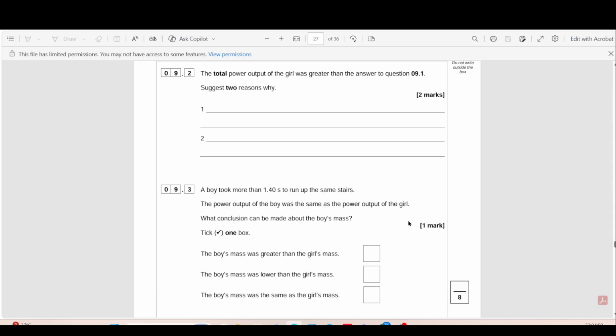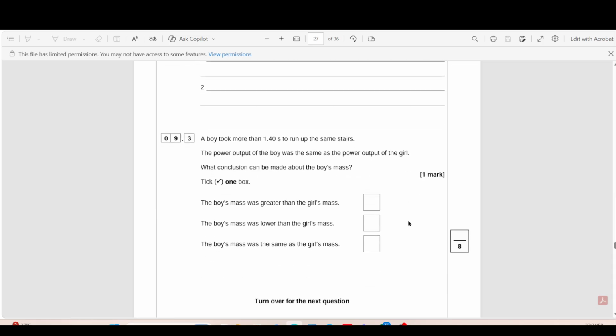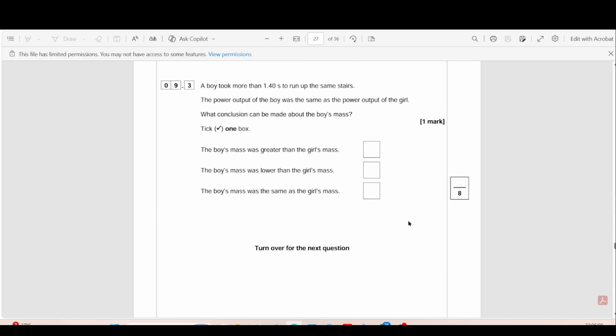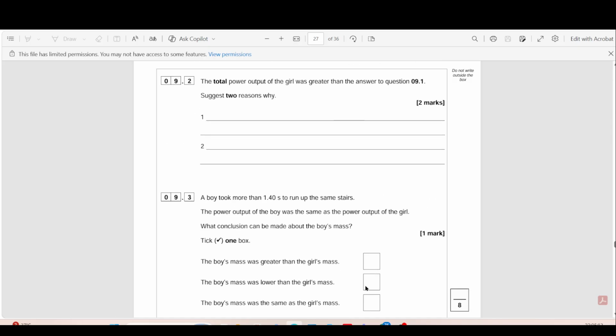So some energy is wasted in our muscles, some energy is wasted as thermal energy to the surroundings. What was the second reason? The first reason is some energy is wasted to surroundings.